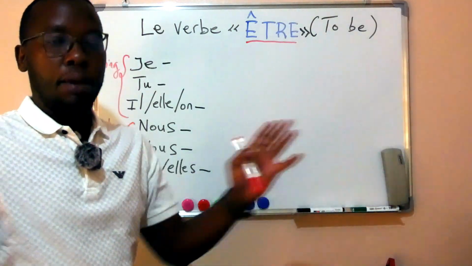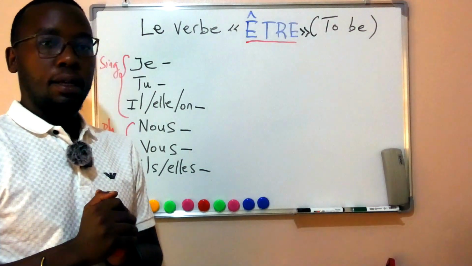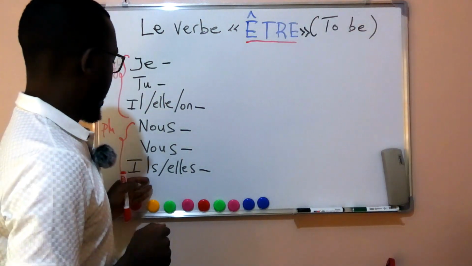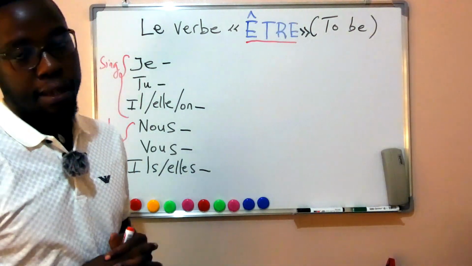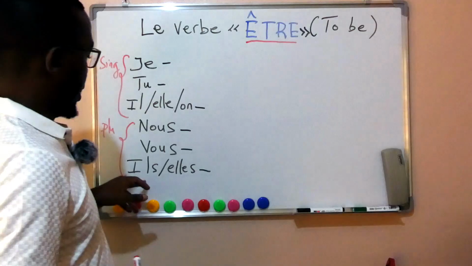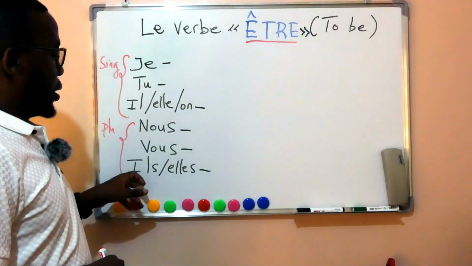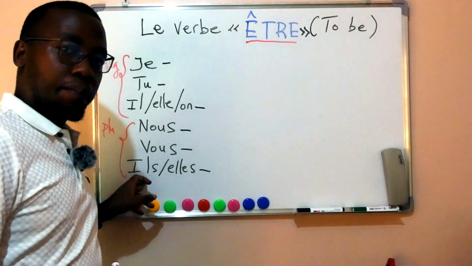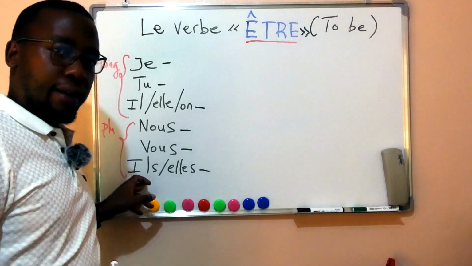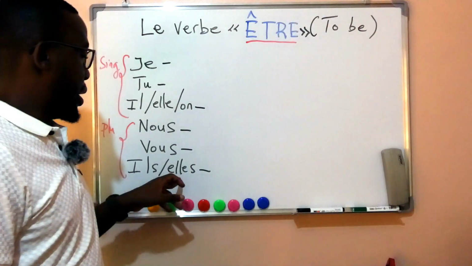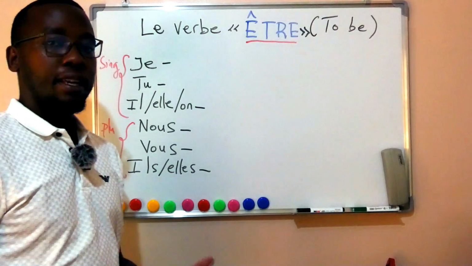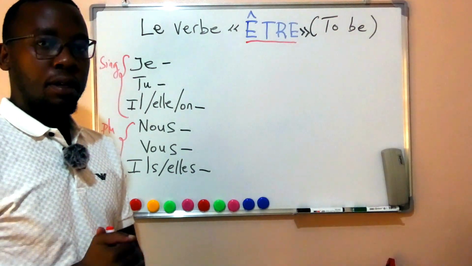And then ils and elles mean they. However, il is for masculine, that is the males, and then elle is for feminine, that is the females.